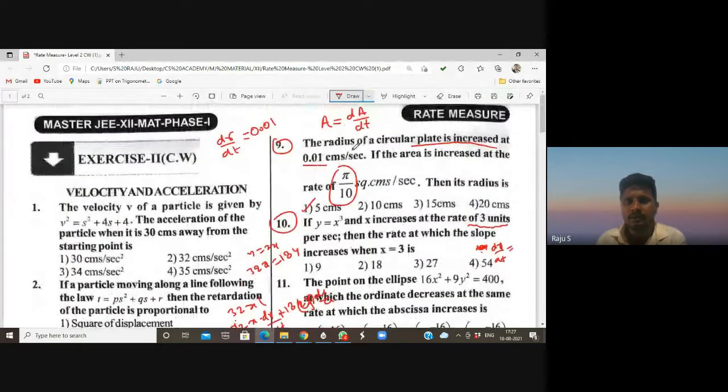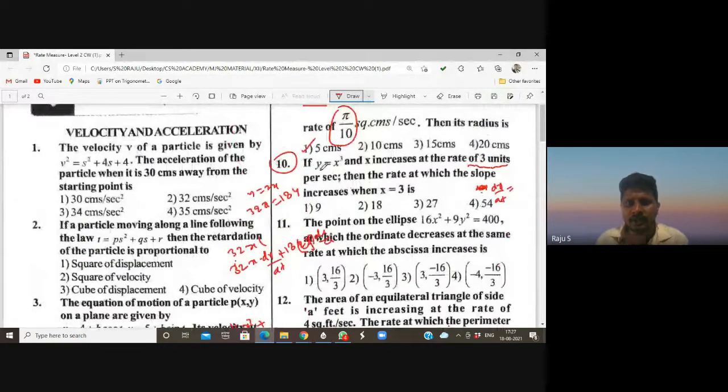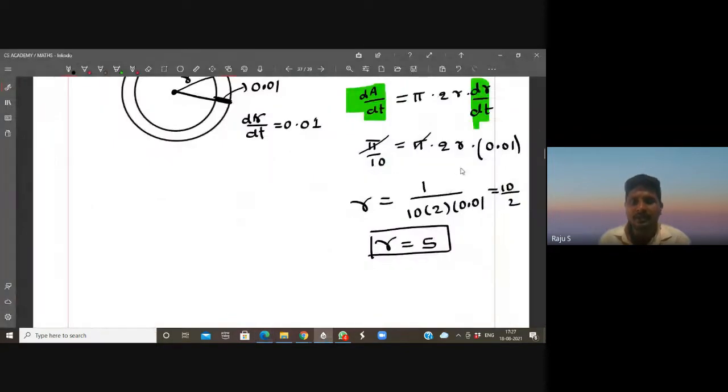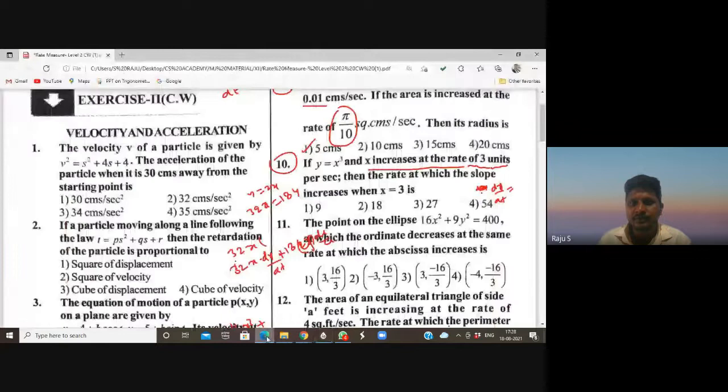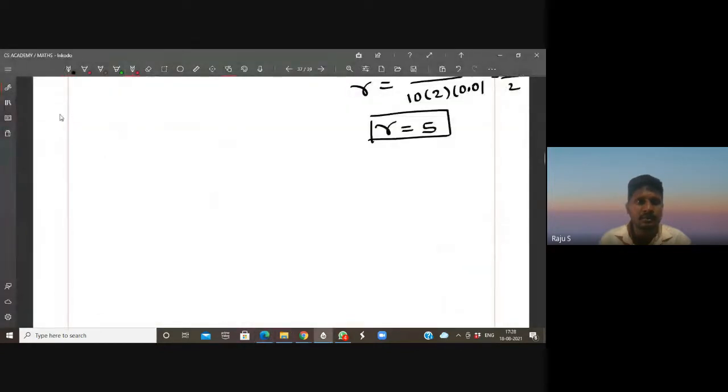Is that clear? Yeah, the 10th one: y is equal to x cube, and x increases at a rate of... shall I take question number 10, right? X increases means, shall I take dx by dt?